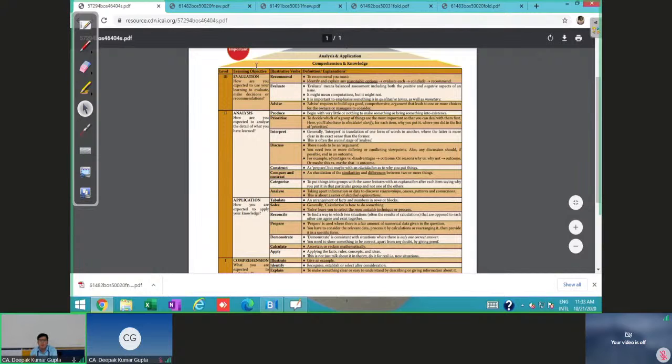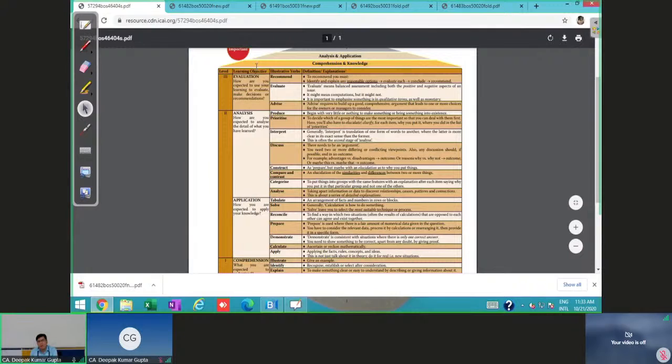Here you have to give a brief introduction about a specific task. Then level 1 also covers illustrate. Illustrate means give an example. Explain means to give more explanation or to make something clear. All these are covered in level 1.